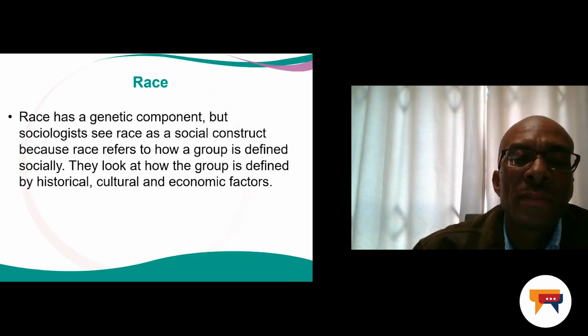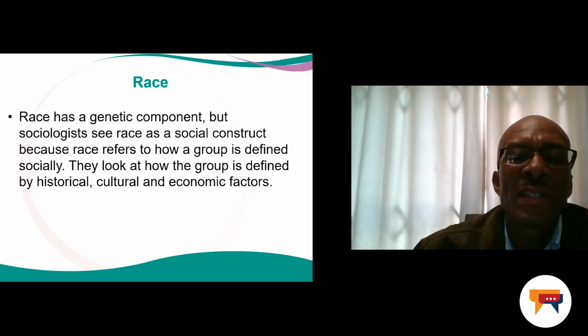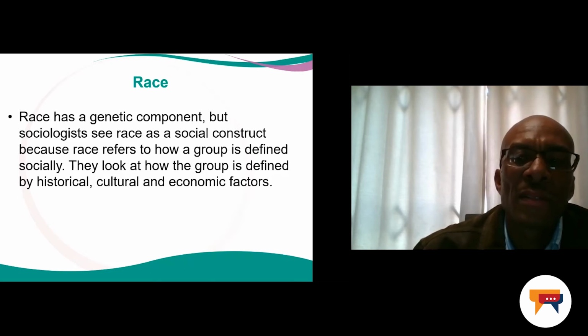However, sociologists see race as a social construct, in the sense that race refers to how a group is defined socially. Looking at how a group is defined based on its history, cultural beliefs, and economic factors.